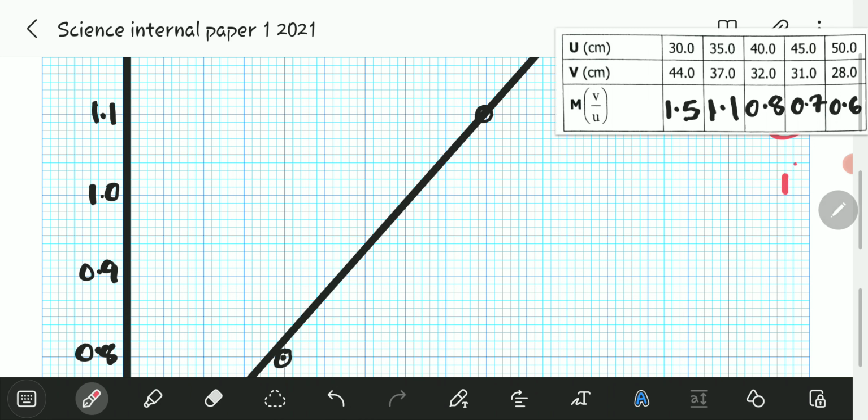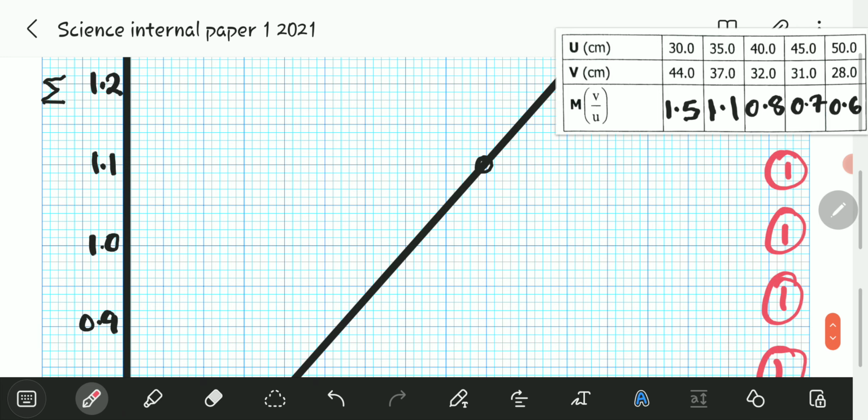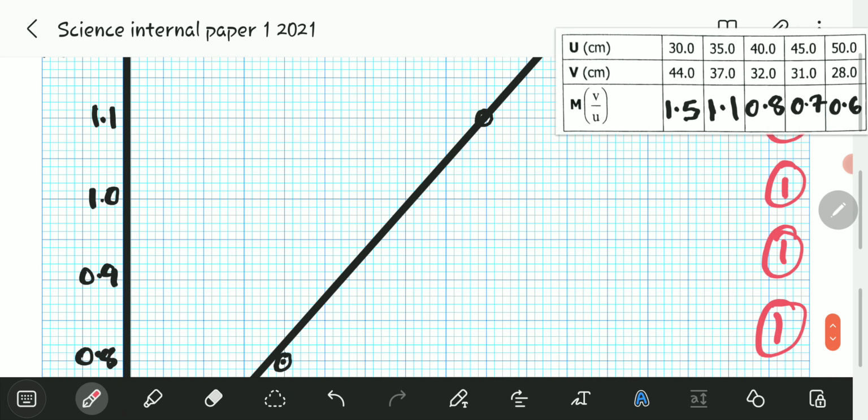For correct scale and size of the graph you get your 1 mark, then for correctly plotted points you get, and for the smooth curve you get. So those 4 marks are just for doing this.